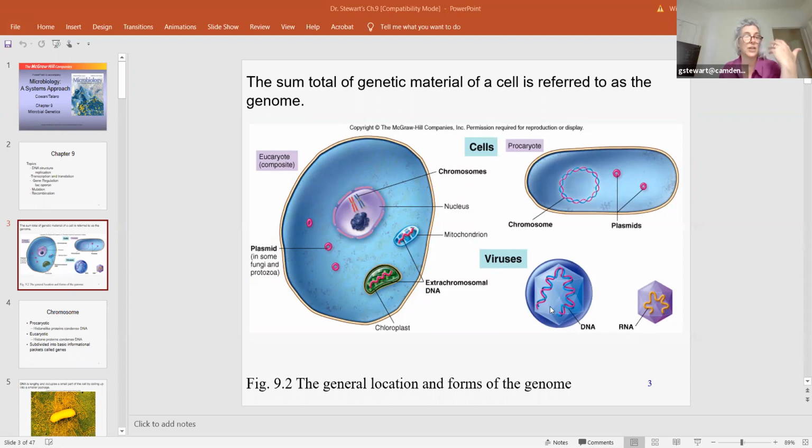Some viruses actually have single-stranded DNA, and other viruses have RNA. Some of them have double-stranded RNA, some of them have multiple strands of RNA that's used as genome. So I want you to remember that predominantly when we say genome, we mean DNA, but if we're talking about viruses, we're talking about DNA and different kinds of RNA, and there's much more variety in viruses.